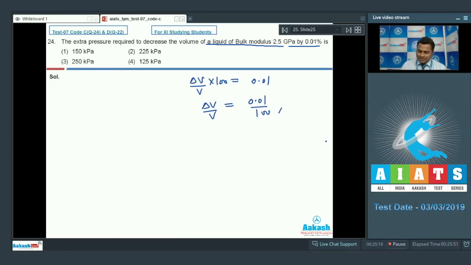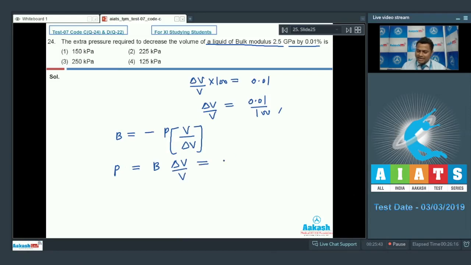We know very well the bulk modulus is given by minus of pressure into V upon delta V. Here negative sign shows the compression. So as a result, we can write the pressure is B times delta V by V.